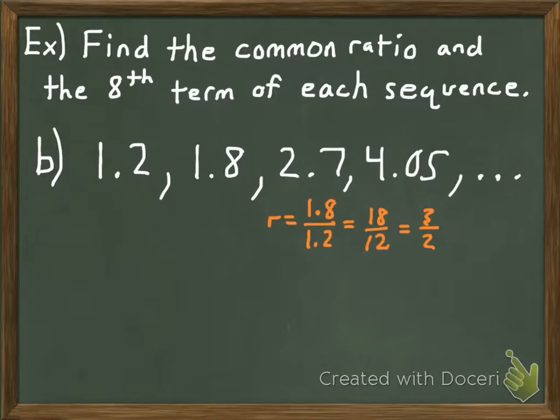And then the general formula to find any term in this sequence would be u sub n is equal to the first term 1.2 times 3/2 to the 8 minus first power, or to the 7th power. Again, I would expect you with these numbers to use your calculator to figure out what that actually comes out to, so let's do that. And when you do, you'll get approximately 25.6 for the value of the 8th term.